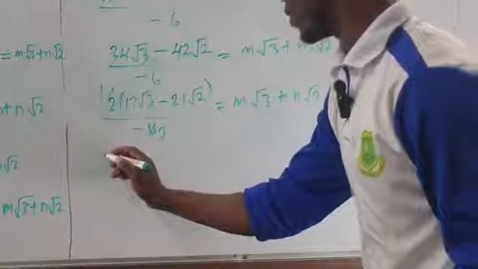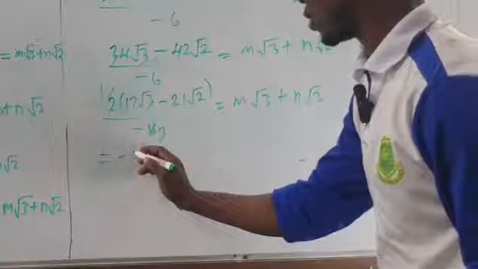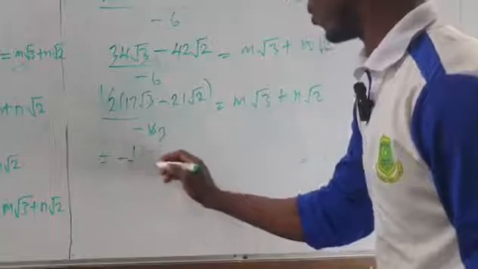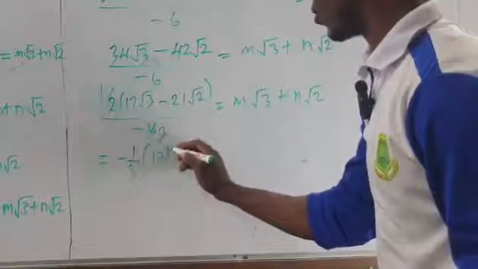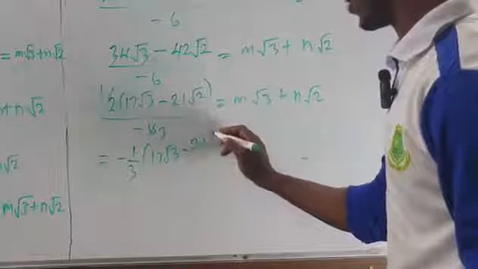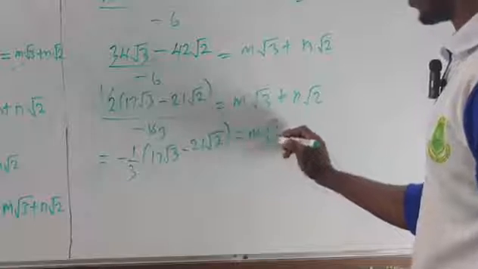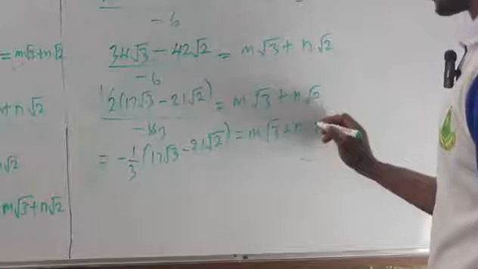So we are now left with minus 1 over 3, open bracket, 17 root 3 minus 21 root 2, which is equal to m root 3 plus n root 2.